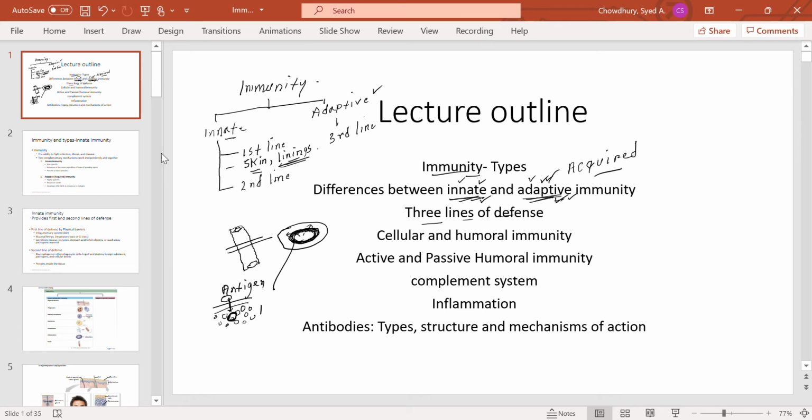And in your tissue you have some components that will now try to destroy this antigen. So in your tissue you have what? You have phagocytic cells or phagocytes. They try to engulf the antigens, right? So phagocytes or phagocytic cells, for example, macrophages, and also tissue secretes some chemicals.